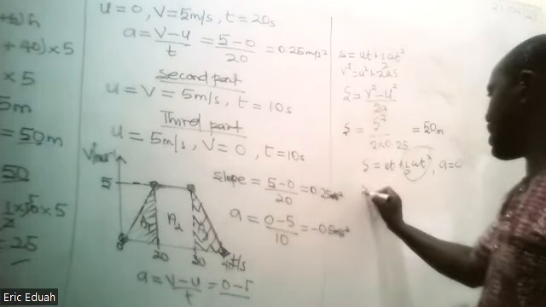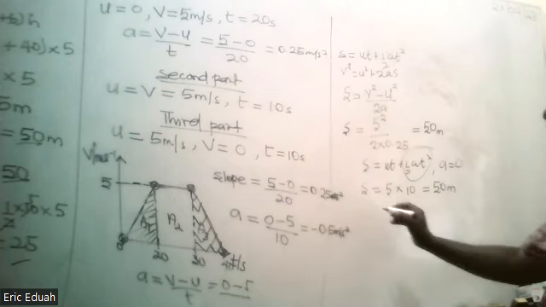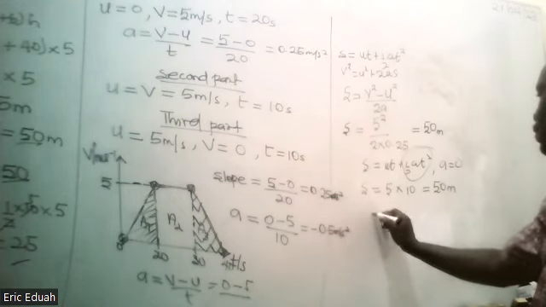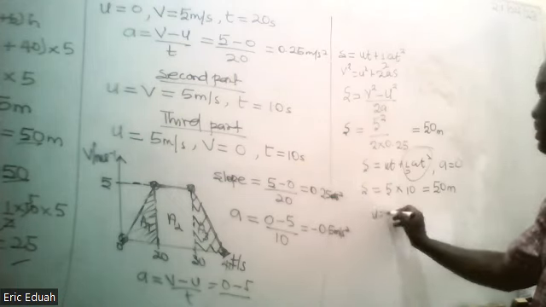And this is also equal to 50 meters. If this is 50, the last part: u is 5, v is 0, t is 10.